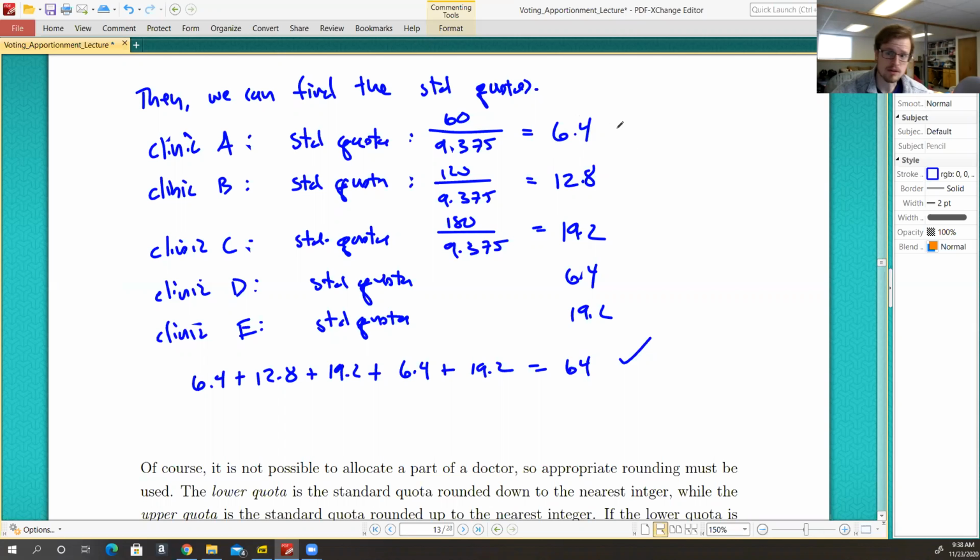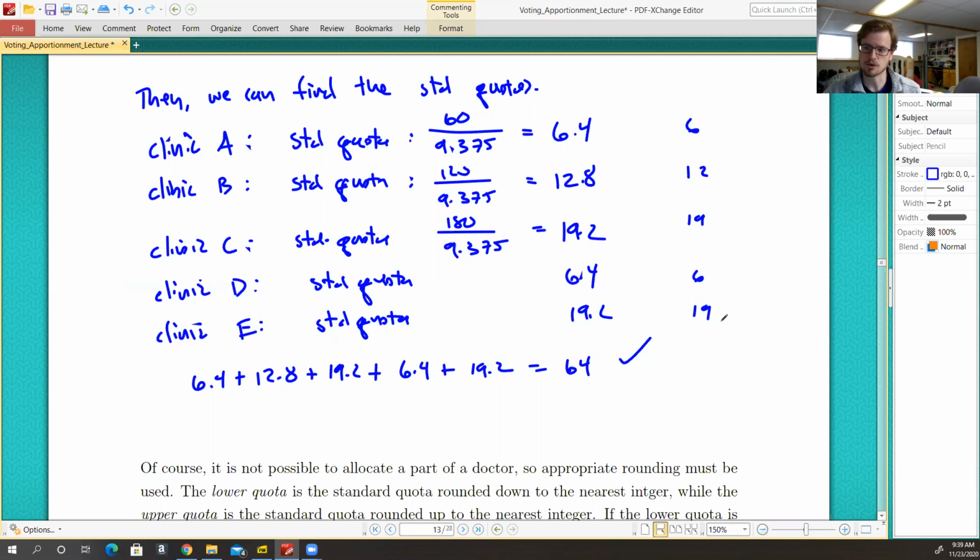Maybe we just want to round them. Rounding to the nearest integer, it would be 6, 12, 19, 6, and 19. If we added those numbers up, 6 plus 12 is 18, plus 19 is 37, plus 6 is 43, and 43 plus 19 gives us 62.